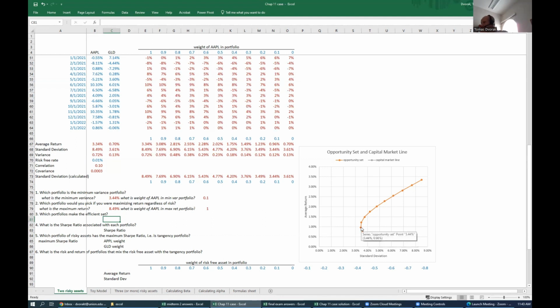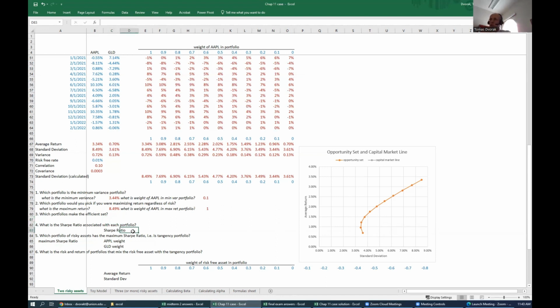Essentially, the efficient portfolios are the ones that go here from the minimum risk up. All of these are efficient because you can't do any better. You can't get a higher return with the same amount of risk.